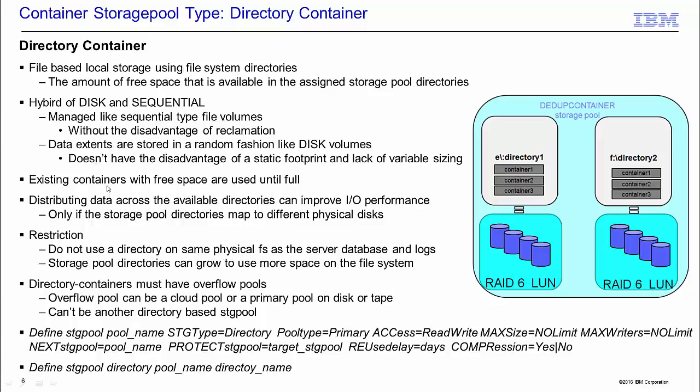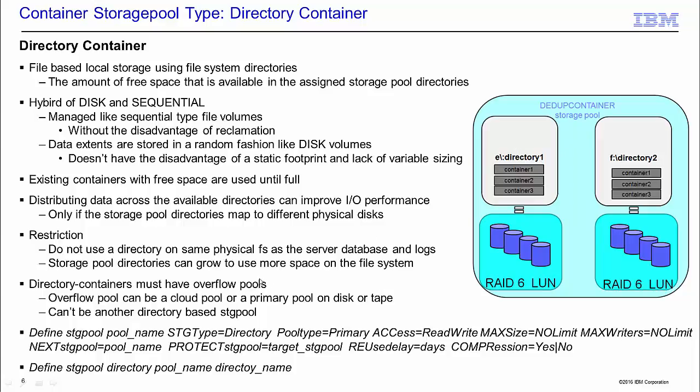When we write out to a directory container, we'll utilize existing containers with free space until that is either all used up or until that particular container is full. And we are able to distribute data across multiple directories. So when you define these directory containers, you can specify multiple directories underneath them.